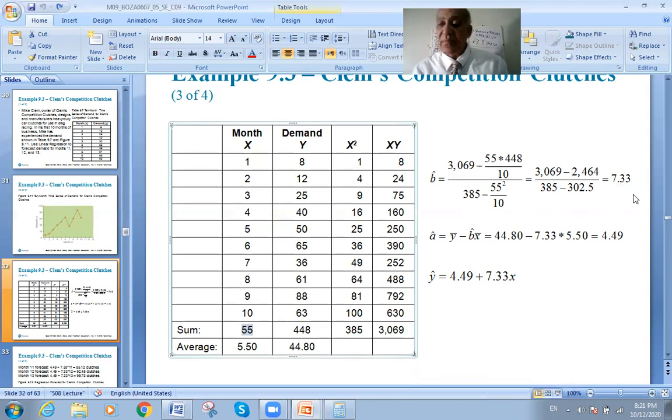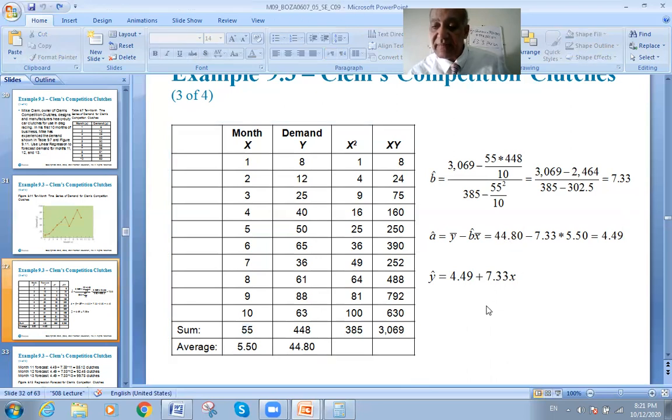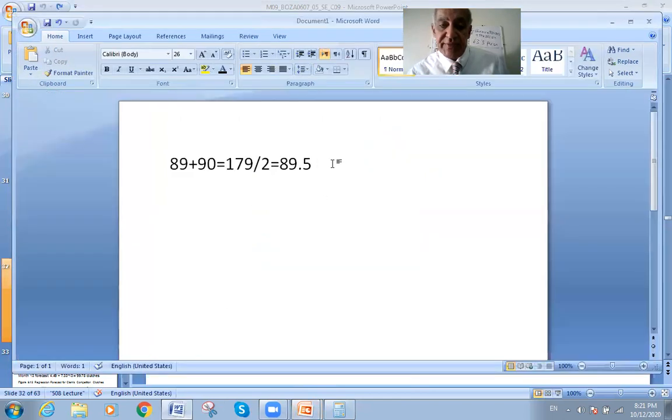Okay, I also want A. I need A and B. A equals y dash. Y dash is the average of column y. Let me write it down here.